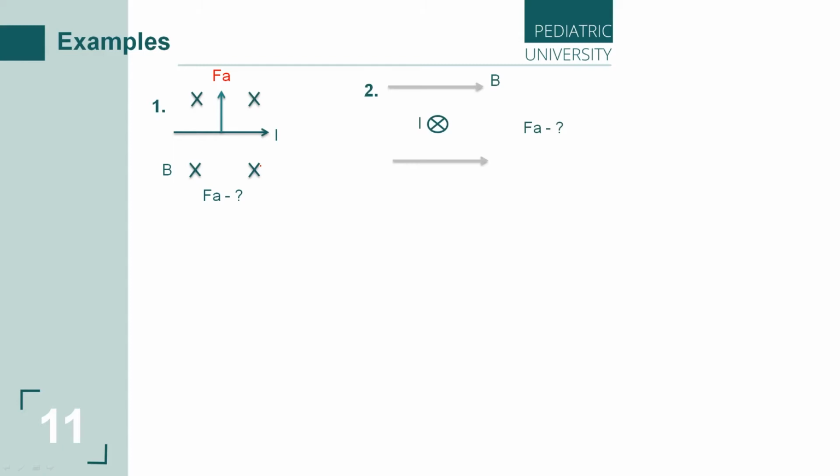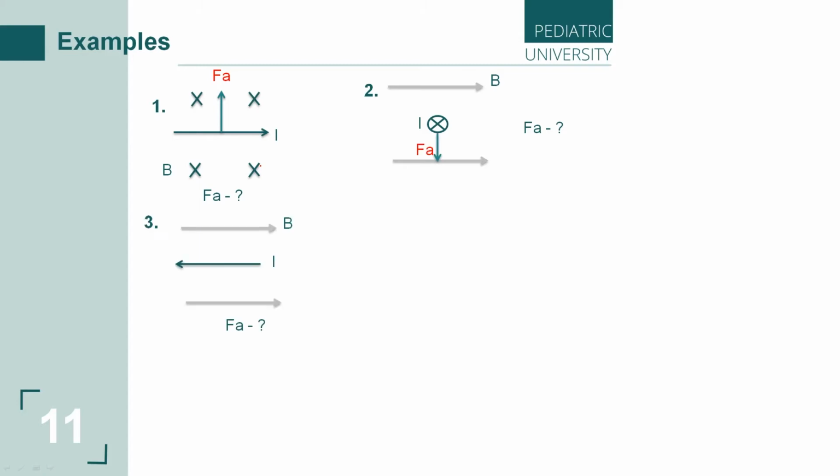Next example. It's necessary to determine the direction of the Ampere force if it's known that the magnetic lines are directed from left to right and the direction of the electric current is away from us, because of the crosses. According to the rule of the left hand, the direction of the Ampere force will be down.